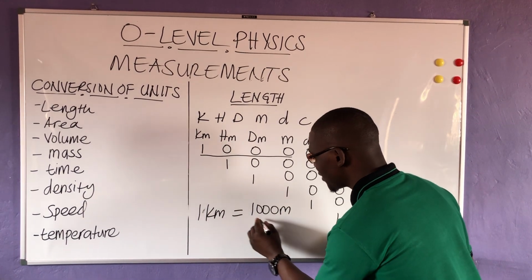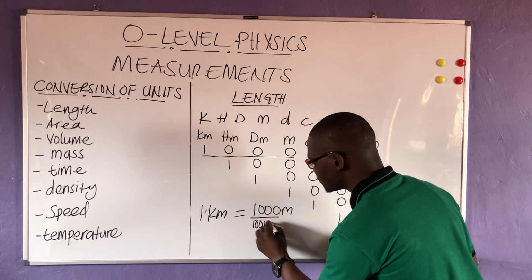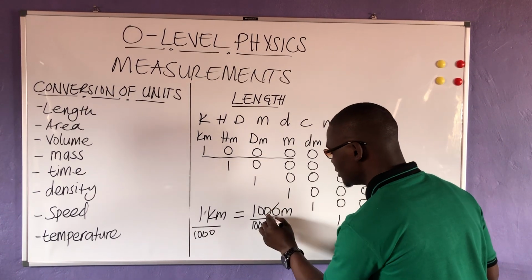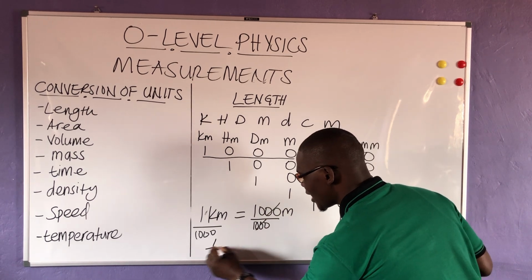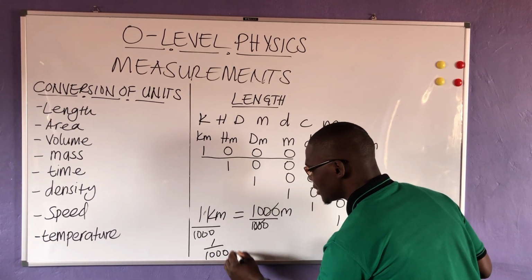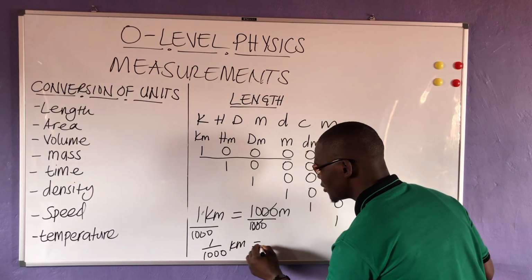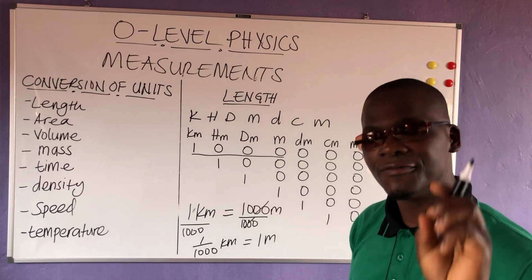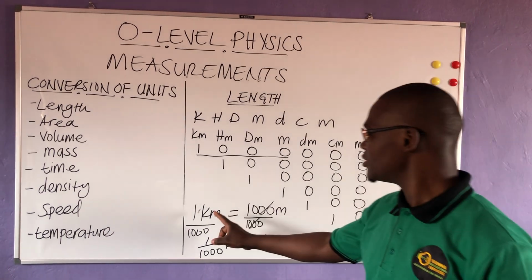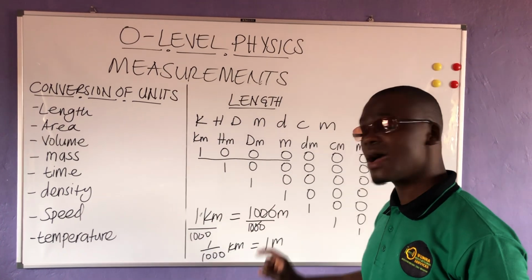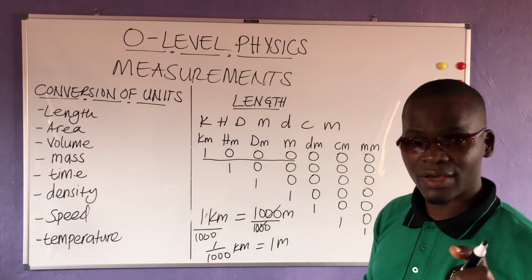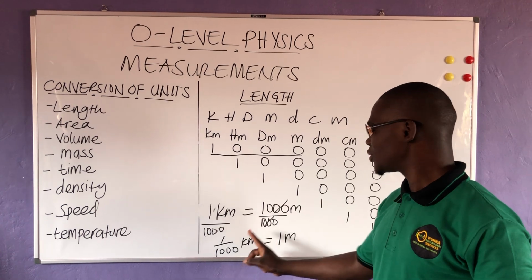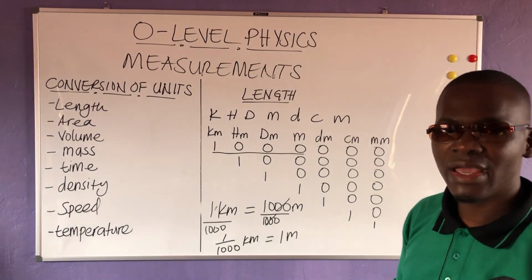If I divide by 1,000, I'll end up with 1 over 1,000 kilometers being equivalent to 1 meter. So if I'm converting from kilometer to meter, I multiply by 1,000. If I'm converting from meter to kilometer, I divide by 1,000.